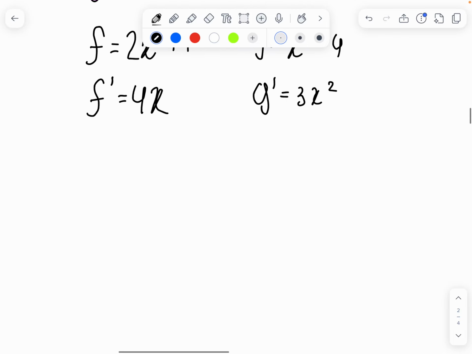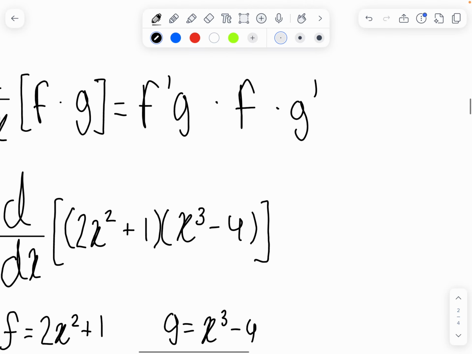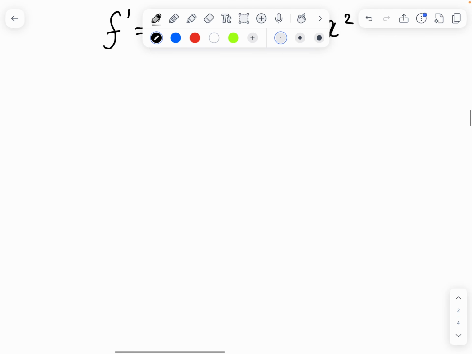And now we multiply, so f prime times g plus f times g prime.